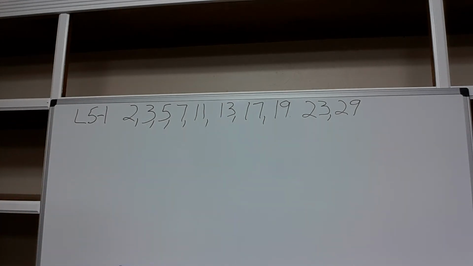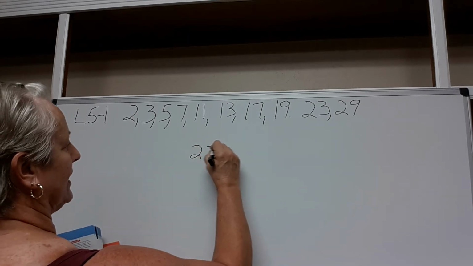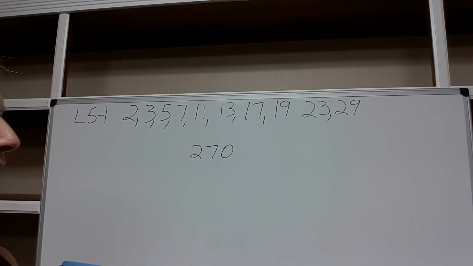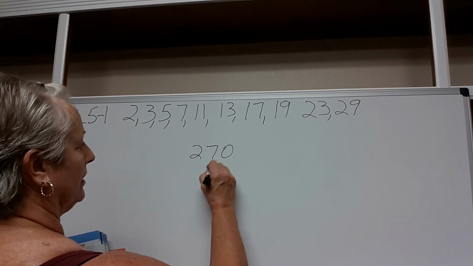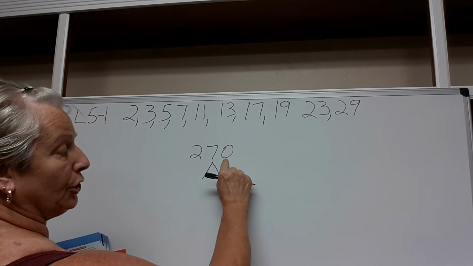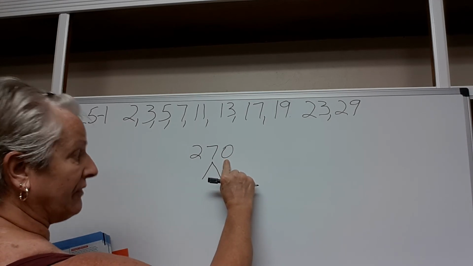Okay, we'll do a couple more, and then I will assign you your homework. Okay, let's do a bigger number. 270. Wow, that's a big number to be factoring, but don't let it bother you. We know that it's divisible by 2 because the end is an even number, 0.